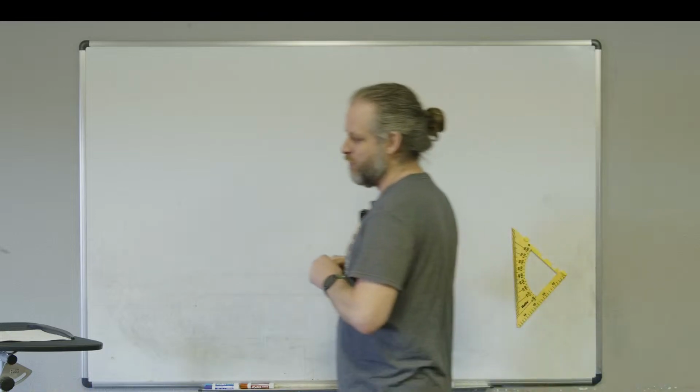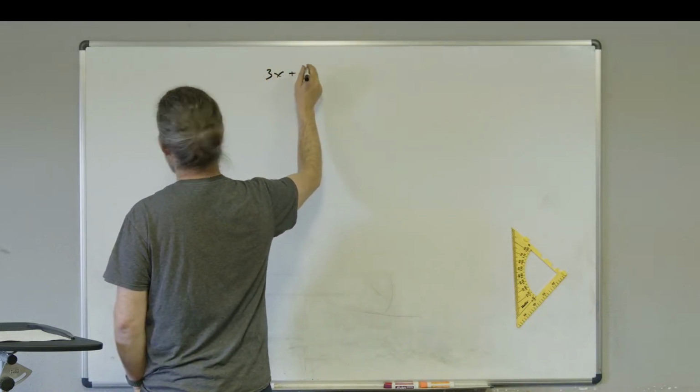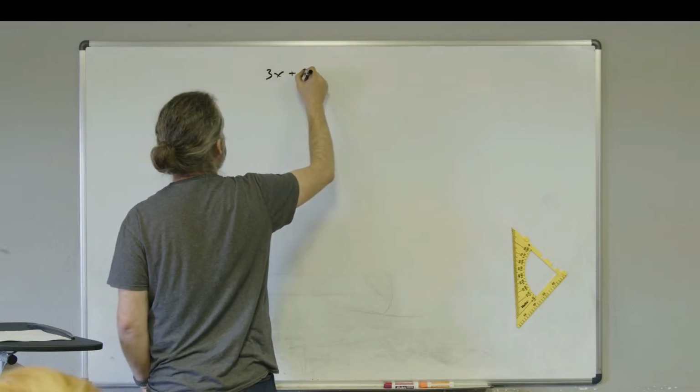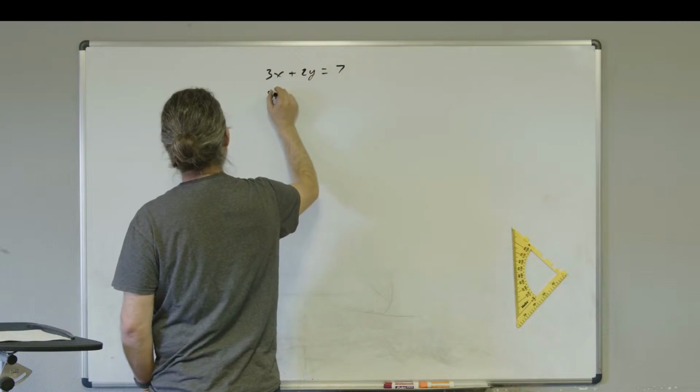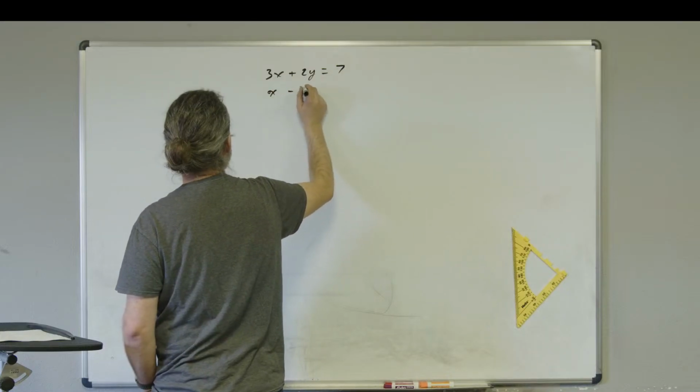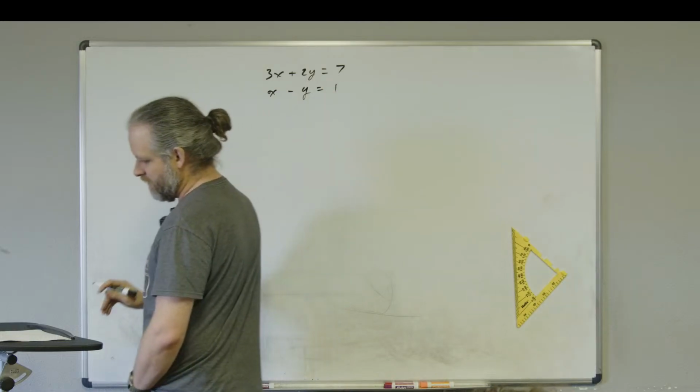Okay, number 4. We're supposed to solve 3x plus 2y equals 7 and x minus y equals 1 using inverses.